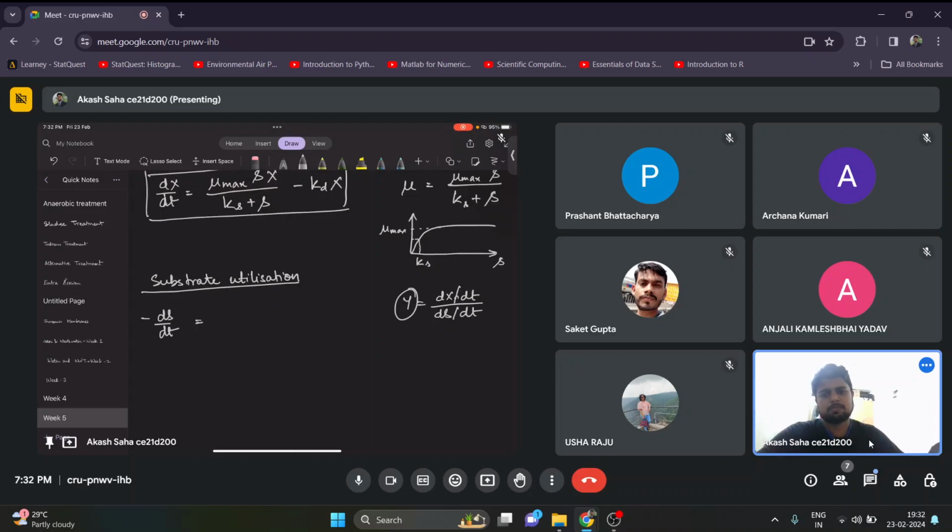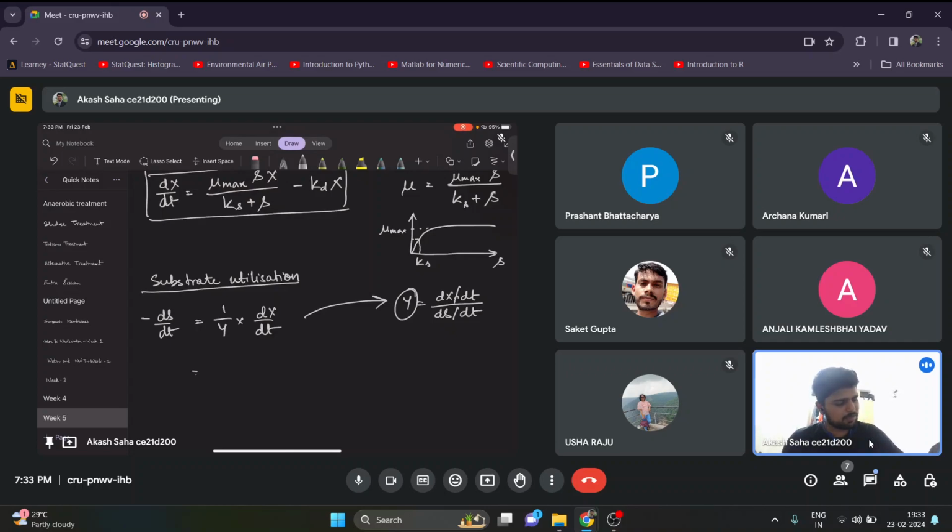So dx by dt divided by ds by dt, or we can directly write it as X by S also. So whatever microorganisms were grown in a particular time for the available food. So how can I write ds by dt? I can simply write 1 by Y into dx by dt. So this I am directly getting from this equation.